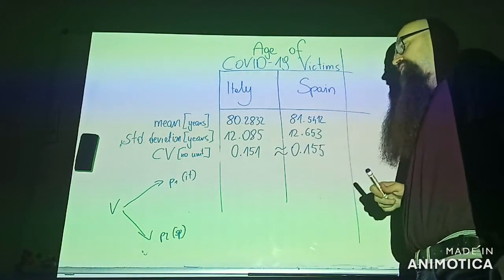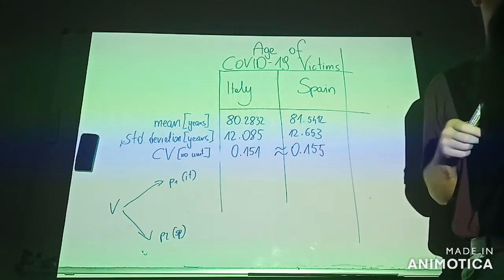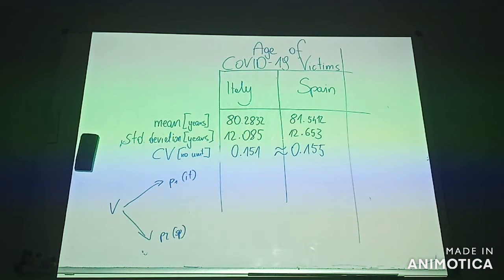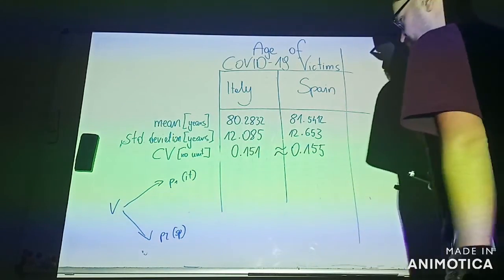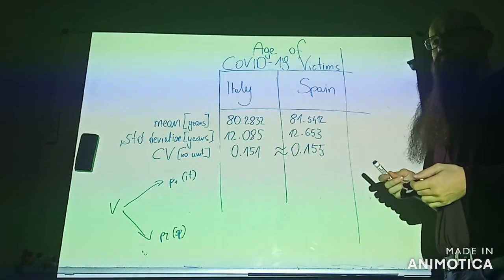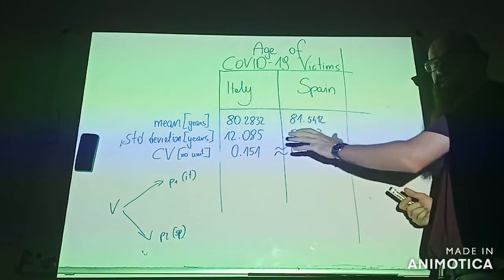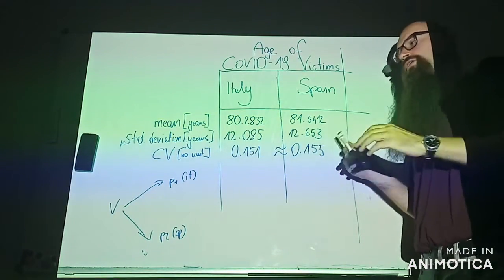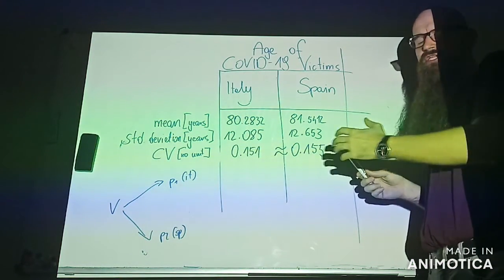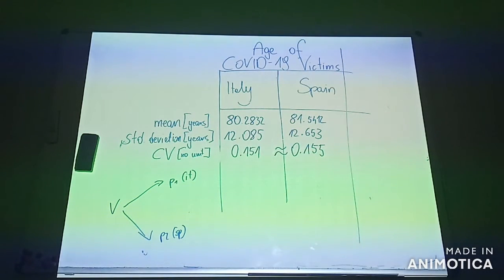We have similar differentiation of the age of COVID-19 victims in both populations. So we can say we are 100% sure that these populations are similar to each other in respect of the age of COVID-19 victims.